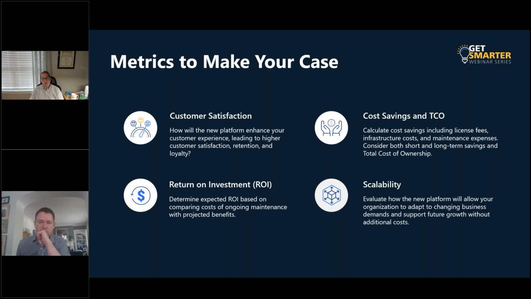Next, you also want to use that information to put together a return on investment. So figure out when you're going to break even, and how much over the long run you're going to save and improve on your customer communications by moving to a more modern platform. And last but not least, as your business grows, your modern CCM system needs to scale with you.